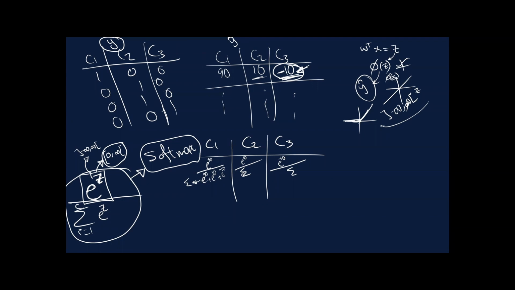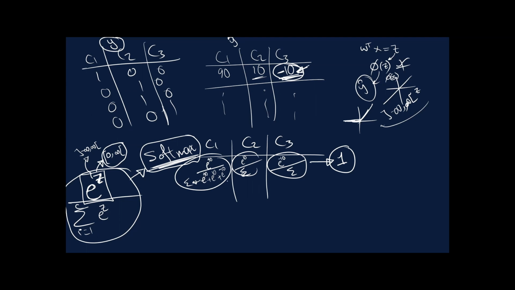And here we have learned how to convert our continuous prediction values into probabilities using softmax. And of course, if we add this to this to this, they will sum to 1. So we have successfully converted our output values into probabilities.